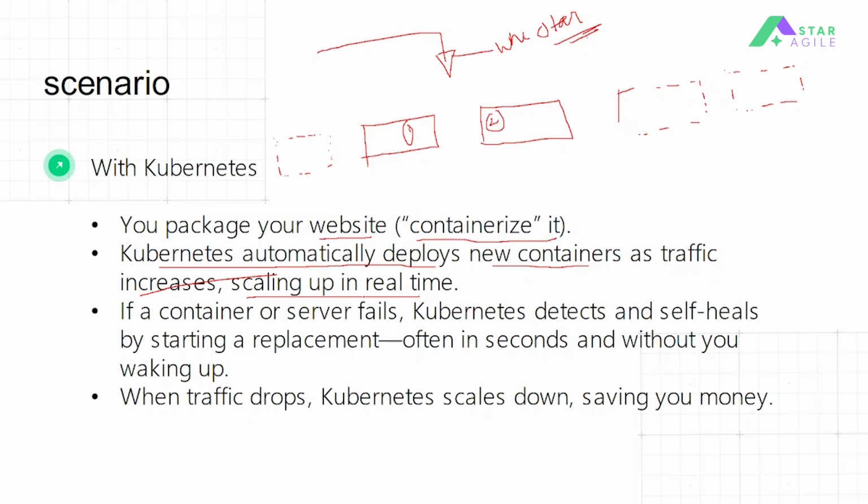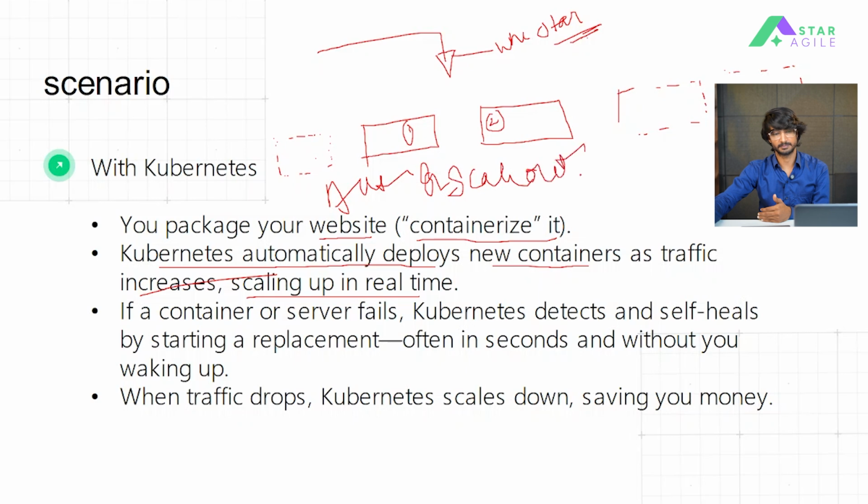Now, this phenomenon where Kubernetes automatically detects and increases the number of containers to handle the incoming traffic is called auto scaling, or scale out. And after this, just imagine your Flipkart Big Billion Day sale has been completed and traffic automatically drops.